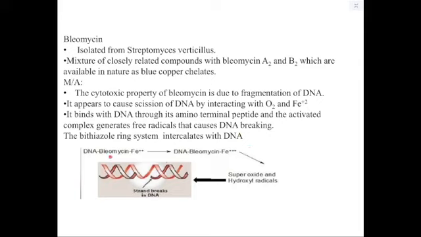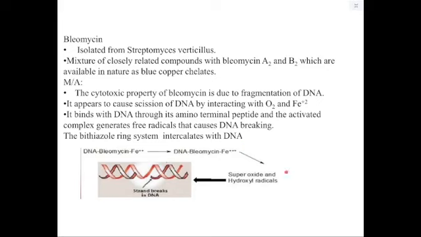So then you have the drug, the DNA, and the iron. It is a ternary combination where you have 1, 2, 3: the DNA, the bleomycin, and the iron. And that binds to give you DNA, bleomycin, and of course the iron has been oxidized.